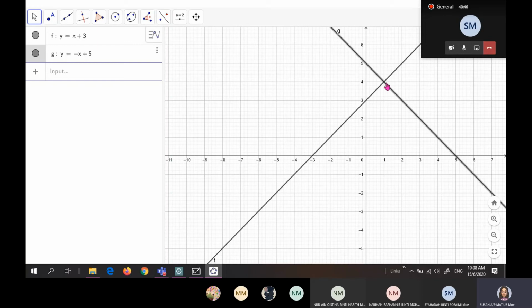Another example, maybe we'll do question number 7a. Not the question, the instruction given on 7a. So let's do that. So they have y.